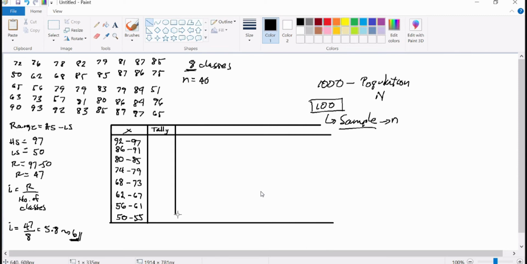After tallying the info for the data, we get the frequency F. And after doing the frequency, we write the cumulative frequency, less than cumulative frequency. I'll give you 5 minutes to complete this part of the table.